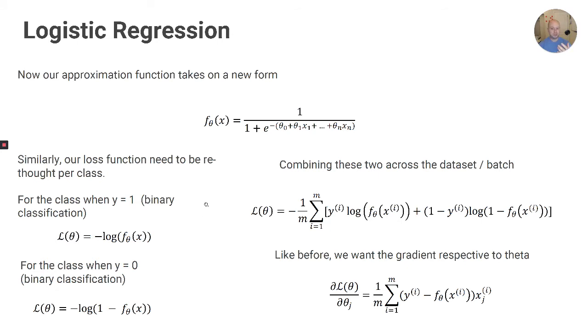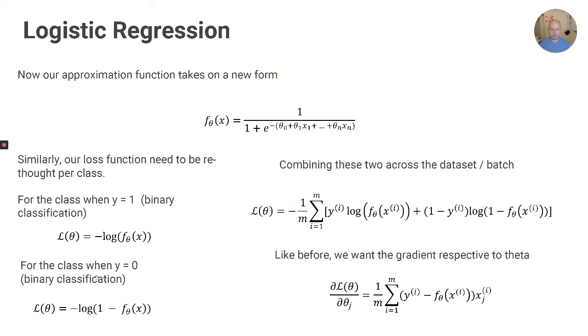But say we classify as the value of 0, then the loss is approaching infinity. And so we're maximizing the loss. The reason we want the negative is because we want to minimize this versus maximize it.